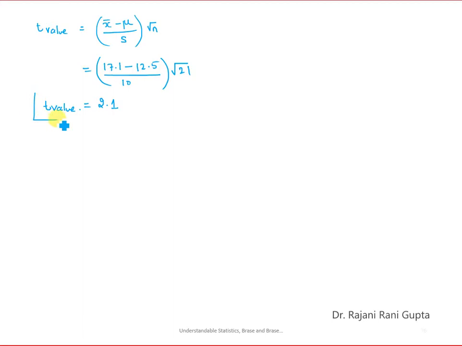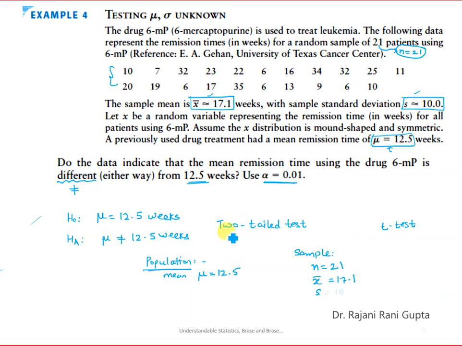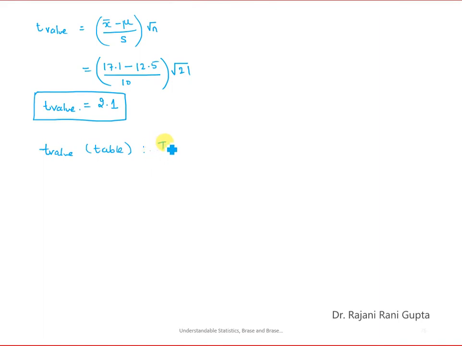Now we need to compare this t value with the tabulated value from the table. To get the t value from the table, what do we need? We need the type of test, so it is a two-tailed test.